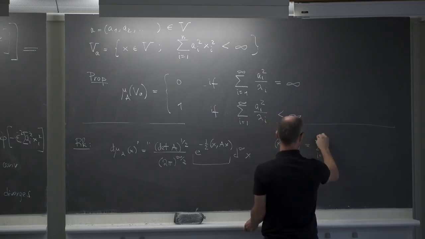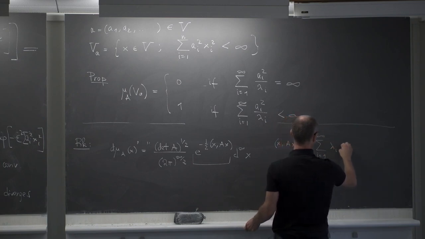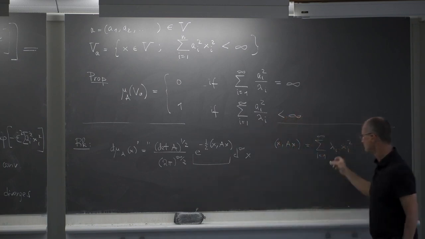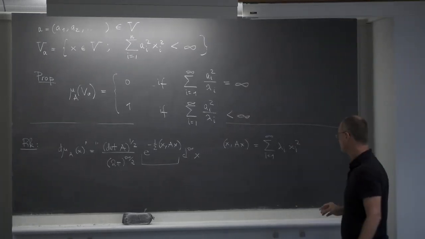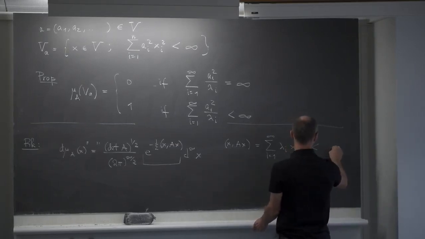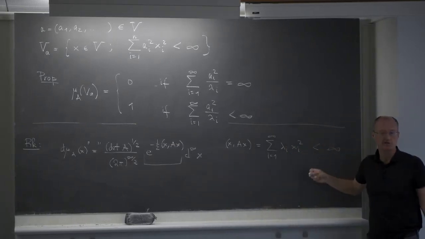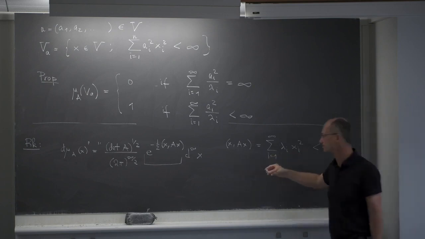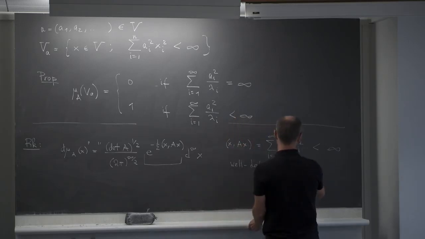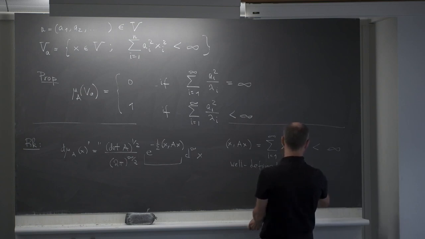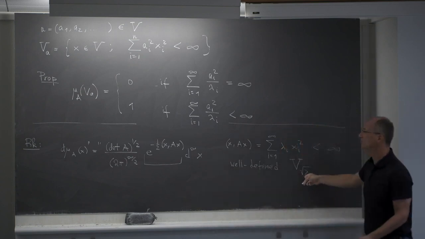So this is this series. Now it is well defined if this series is convergent, right? So this defines for us the space that we can call probably V square root of lambda, right?